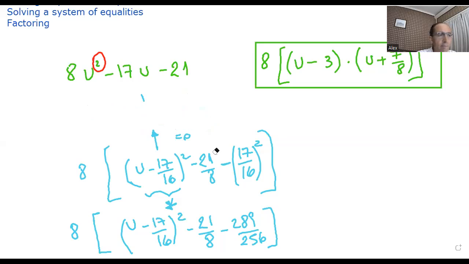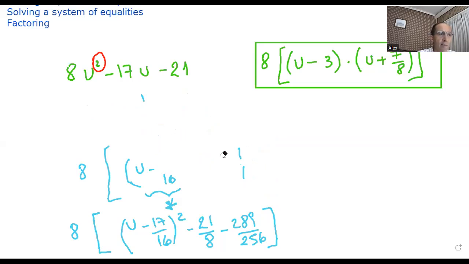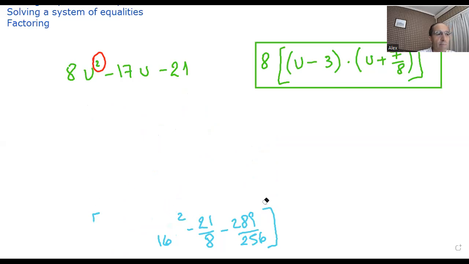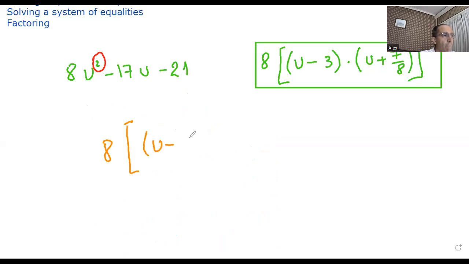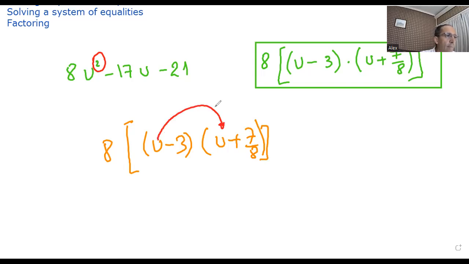This also can be checked to see whether we did things right or not. In order to check it, we have to distribute it. So we will distribute this u here and here, and then we will distribute the minus 3 also here and here.